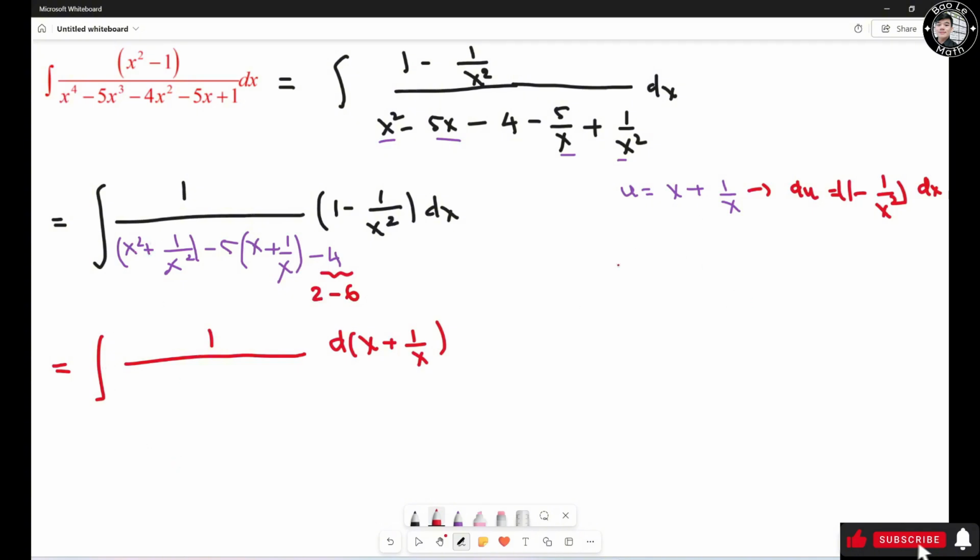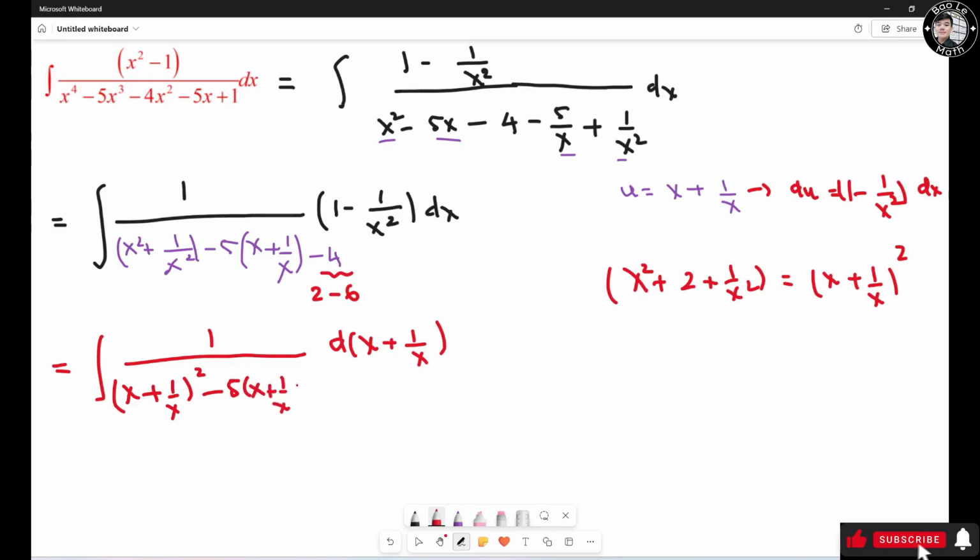So I have s squared plus 2 plus 1 over s squared. This is the same thing as s plus 1 over s all together squared, a complete square. So this one can be written as s plus 1 over s all together squared minus 5 times s plus 1 over s, minus 6.